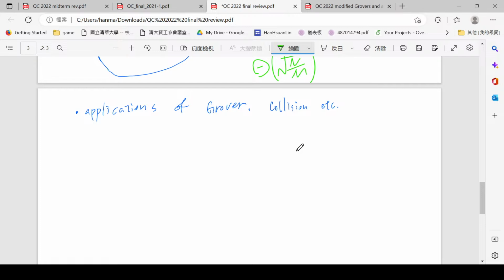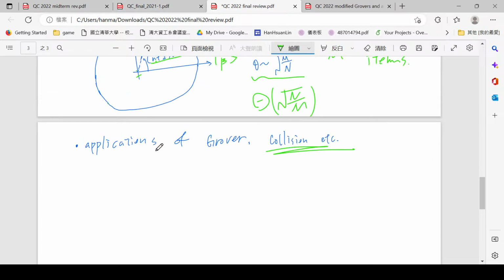We also have applications of Grover's algorithm. For example, we ran through the collision problem, and another example. Those are actually pretty classical, but you just need to find the part where you do a search to apply Grover's algorithm.